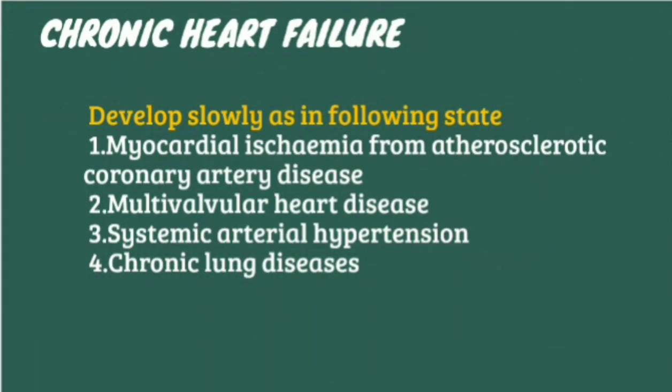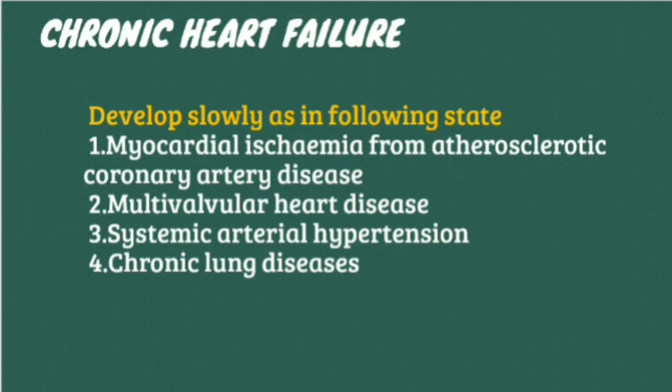Because of this high pressure, the heart has to work harder to pump blood from the heart to the lung for oxygenation, which eventually leads to heart failure. In chronic heart failure, many compensatory mechanisms like tachycardia, cardiac dilation and cardiac hypertrophy take place. We will discuss this in another video.